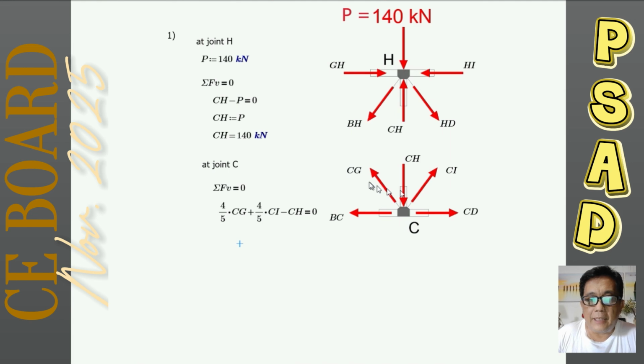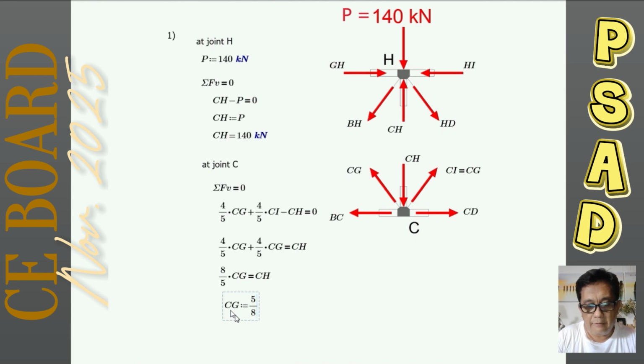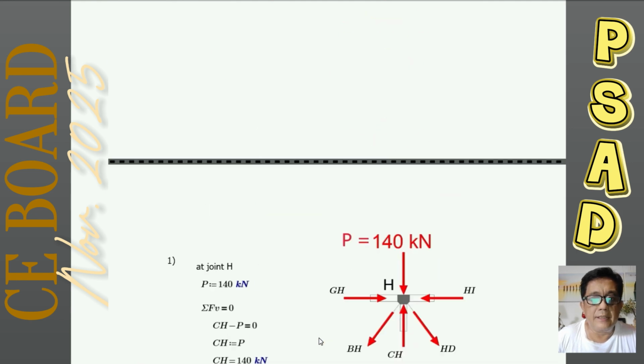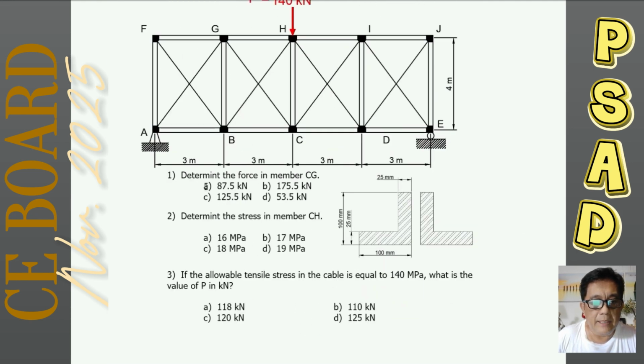But due to symmetry, CI is equal to CG. So this equation becomes, this CI can be substituted with CG. So therefore, this is 2 times 4/5 of CG, which is equal to 8/5. Or CG is equal to 5/8 of CH. And that's equal to, in kilonewtons, 87.5 kilonewtons. Let's see. 87.5, that's letter A.